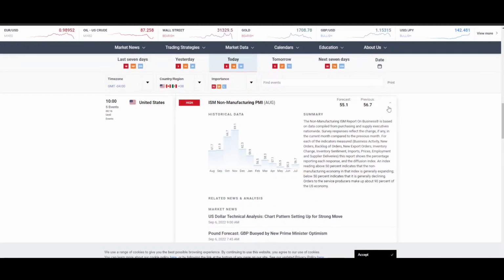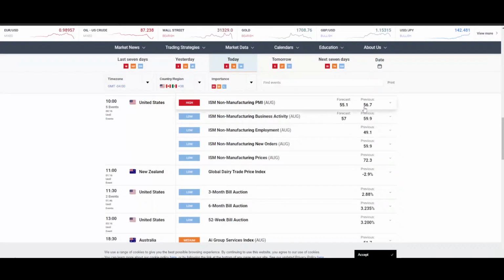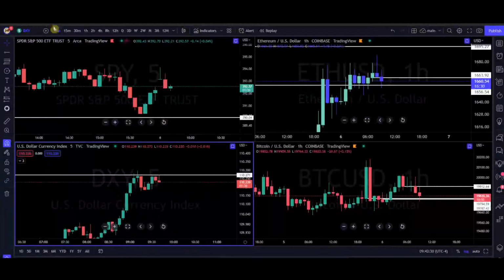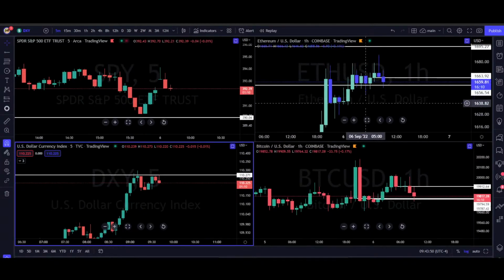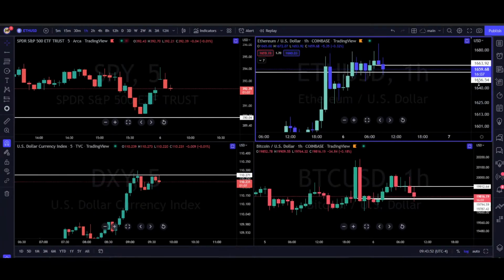So we're expecting a lower read again. Previous is 56.7. That's last month's read. They're expecting a lower print this month. I can't tell you if that's bullish or bearish, because I don't know. I don't focus on news so much. I just pay attention where it is, when it is, and then I focus on technical levels. That's it. That's all I do. Day in and day out.